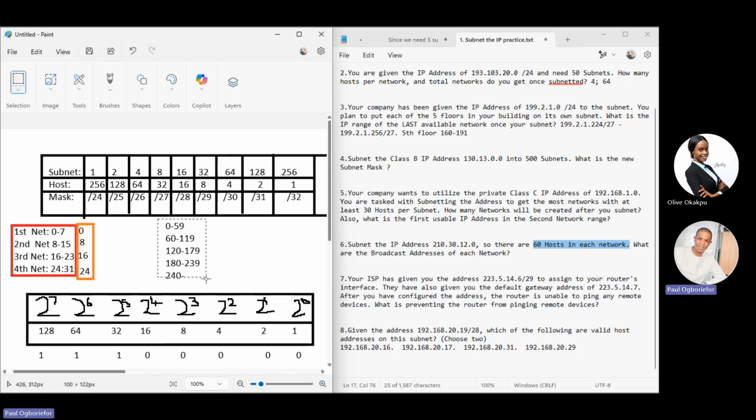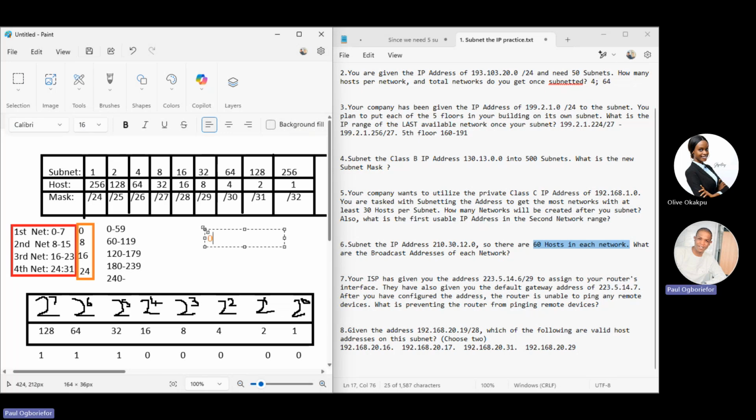Another thing is for us to be very accurate. When they say 60 hosts, and looking at our table, how many hosts can we really get? 64. Ideally, for technicality, we have zero for the first host. The second ID will be 64. The next one will be 128.